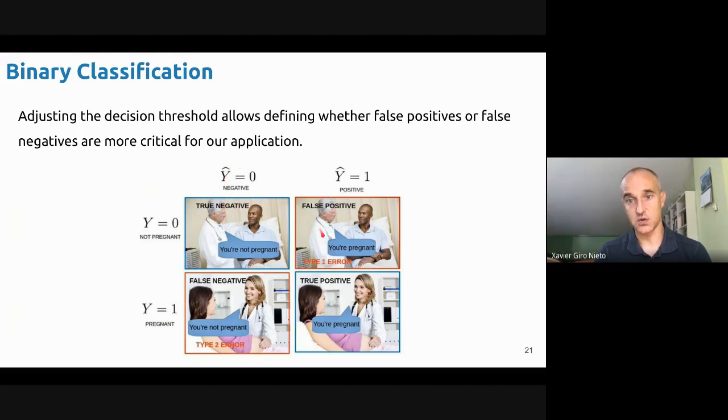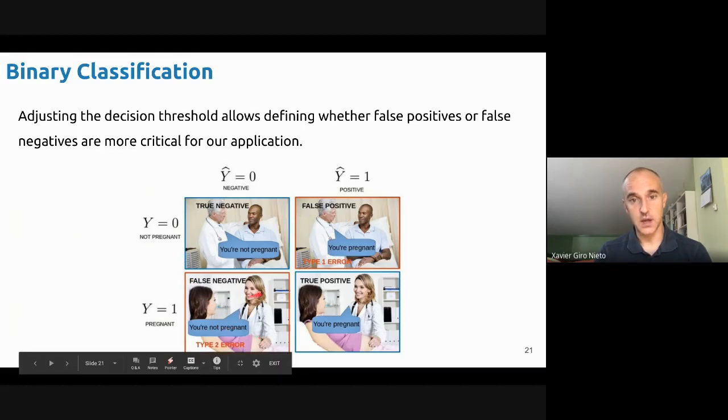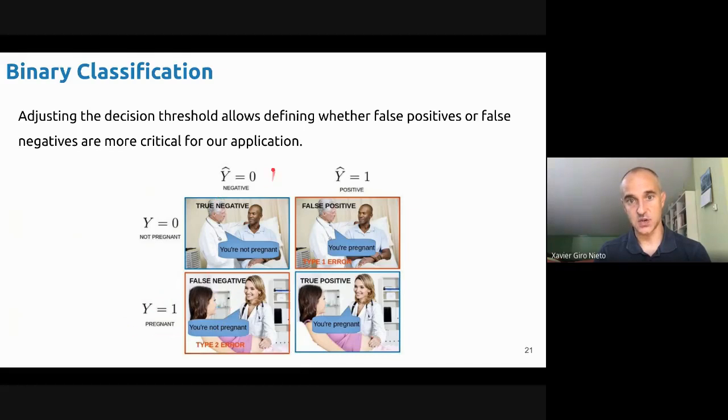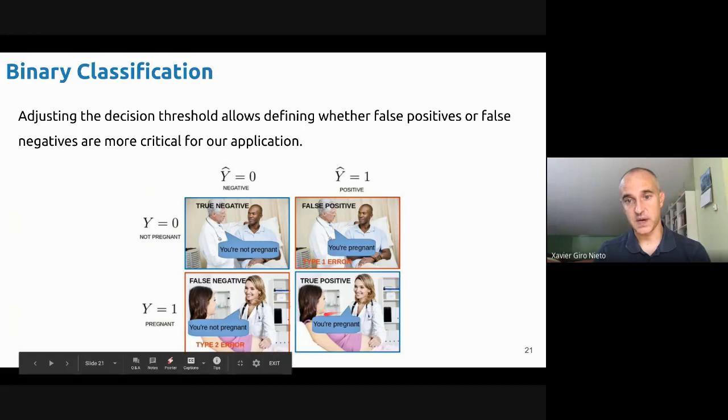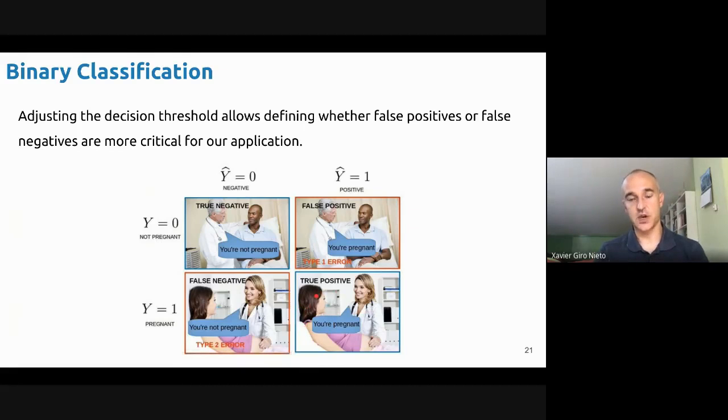But if the doctor says that you are pregnant, as it's a man, the prediction is wrong, so that's a false positive. On the other hand, if you see this lady who is obviously pregnant, and the doctor says you are not pregnant, that becomes a false negative. And if the doctor says you're pregnant, which is correct, that would be a true positive.